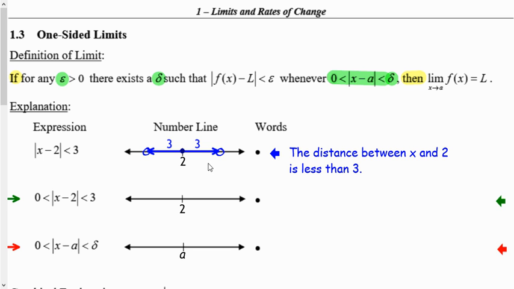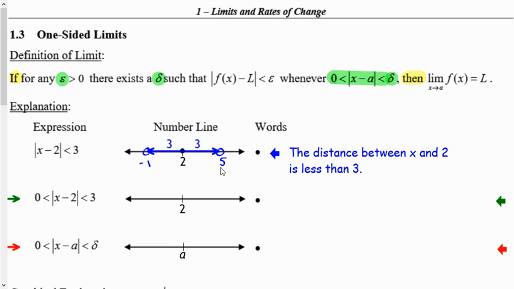What are the numbers? Well, 3 less than 2 is -1. 3 greater than 2 is 5. So what is this statement telling me? It's saying that my x is somewhere between -1 and +5, but my x can't equal -1 because of this less than sign, and it can't equal +5.